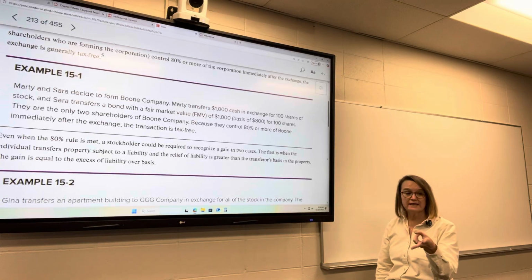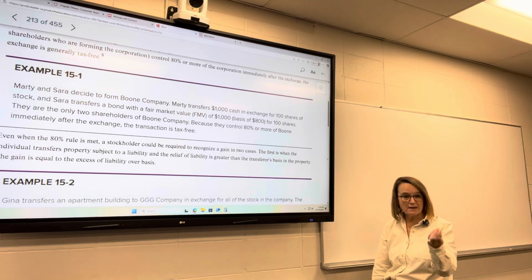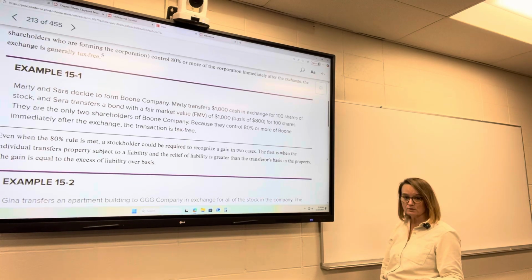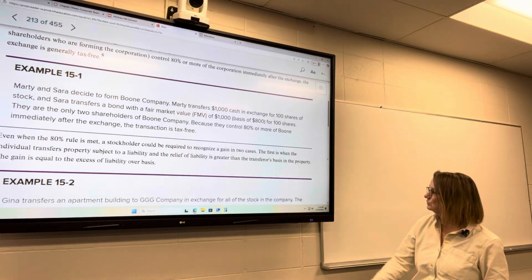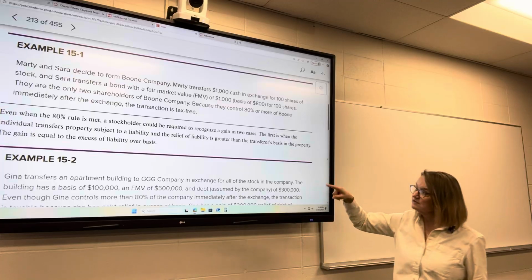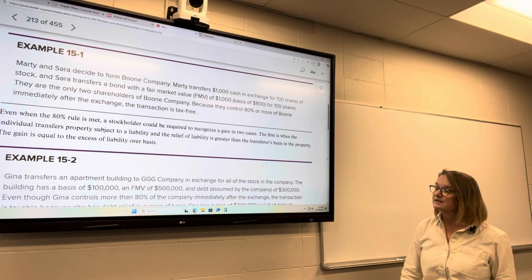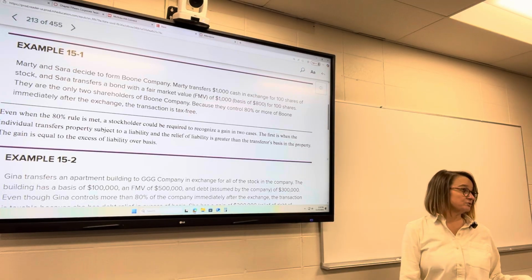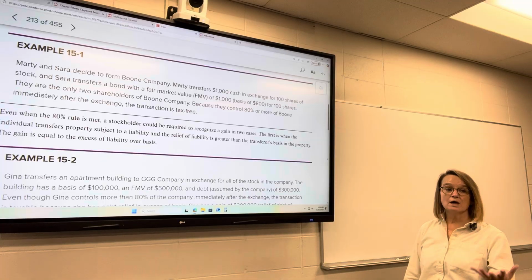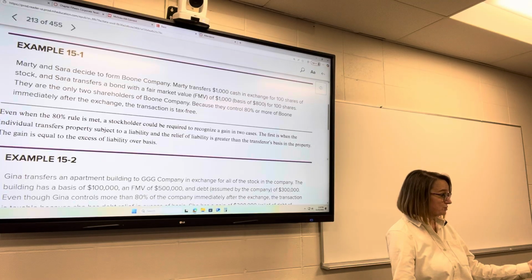There are 2 cases in which a taxpayer may have to recognize gain, though, even if that 80% rule is met. The first is when the individual transfers property that has a liability attached to it. So some sort of loan that's attached to it. This was just like the partnerships, right?